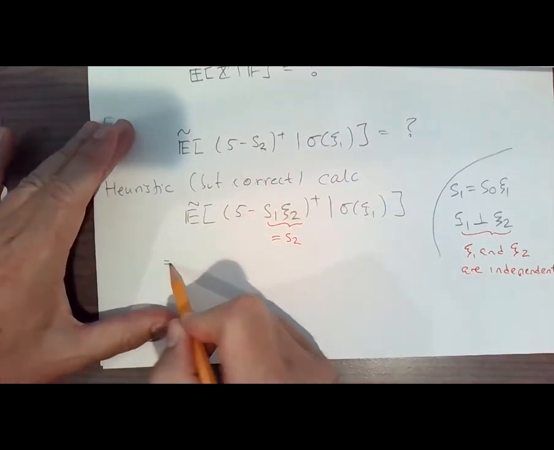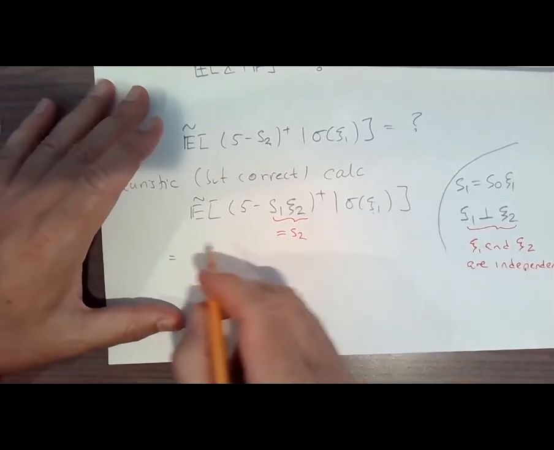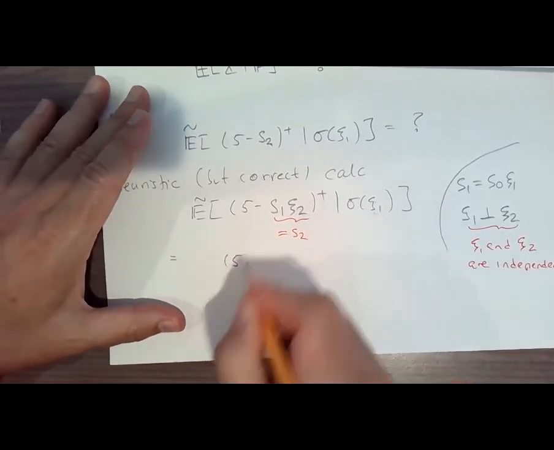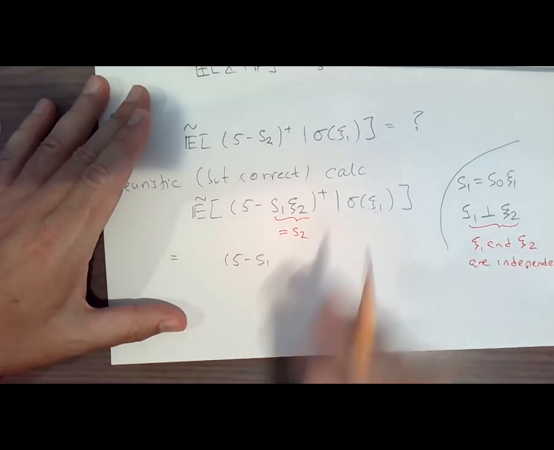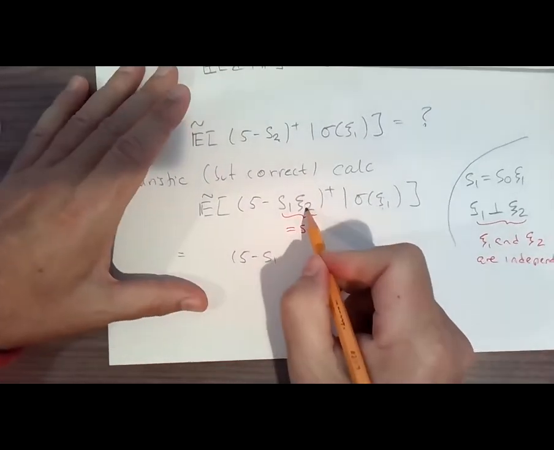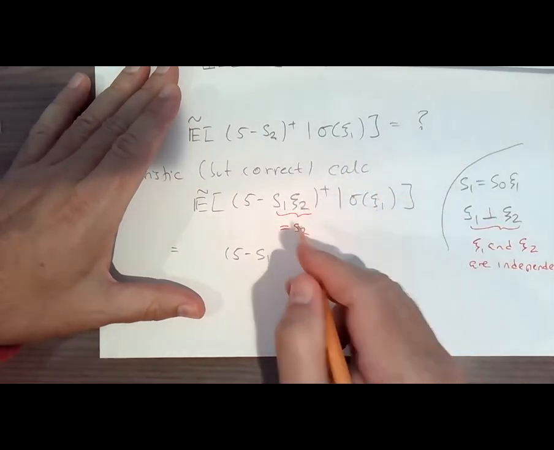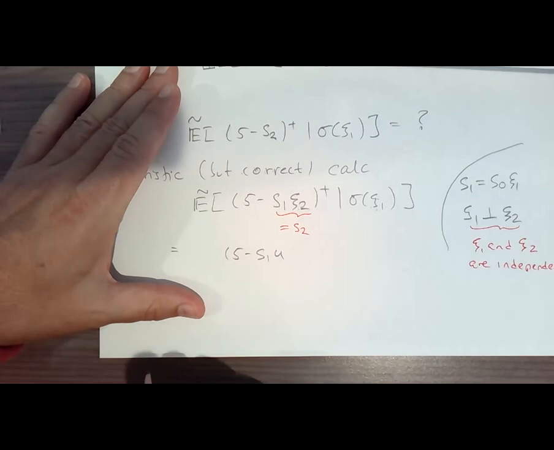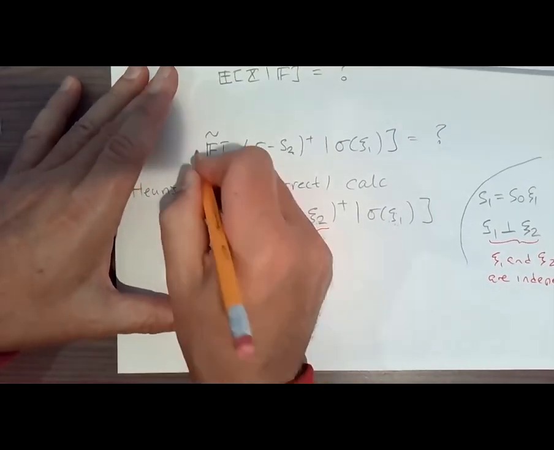So what you do is you simply freeze what you know. You write this as 5 minus S1, you know what S1 is, so you can just leave it be. Then you have psi2. Psi2 and psi1 are independent, so you just take an average. So psi2 can be U, which happens with some probability, and you need a 1 over 1 plus R here.